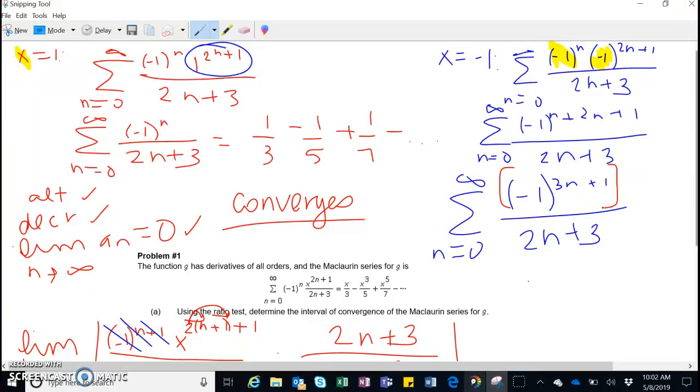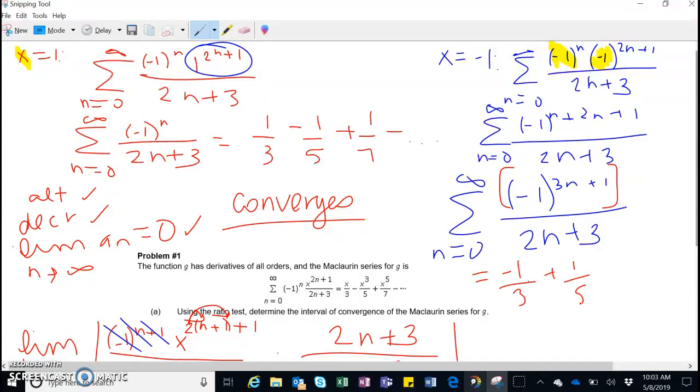For example, if I plugged a 0 in, I would have, let's see, -1 to the 1 power. So the first term here would have a numerator of -1 and a denominator of 3. If I plugged a 1 in, I'd get -1 raised to the 3 plus 1, the 4th power, which generates +1, all over 2 times 1 plus 3, a 5.